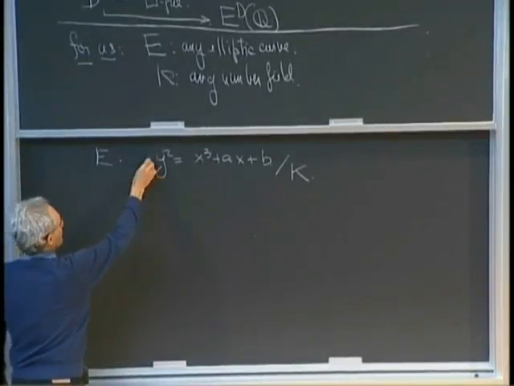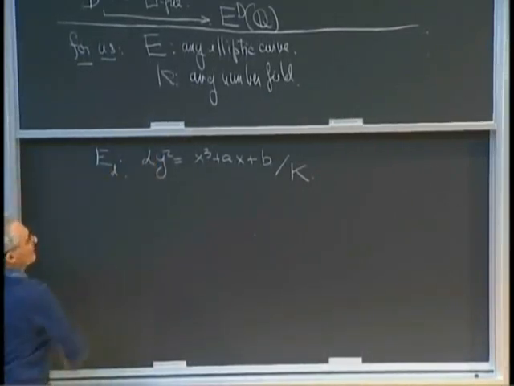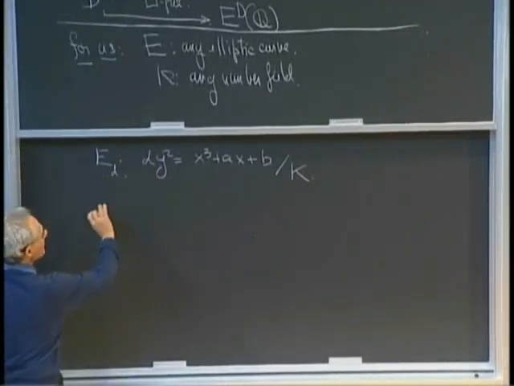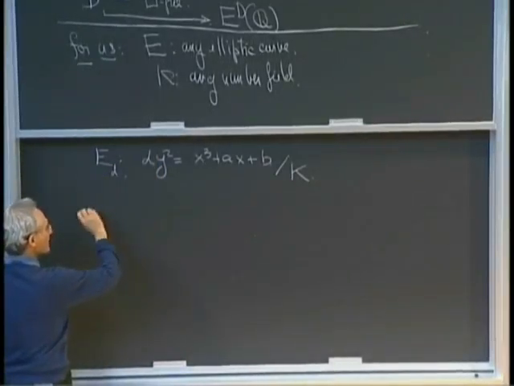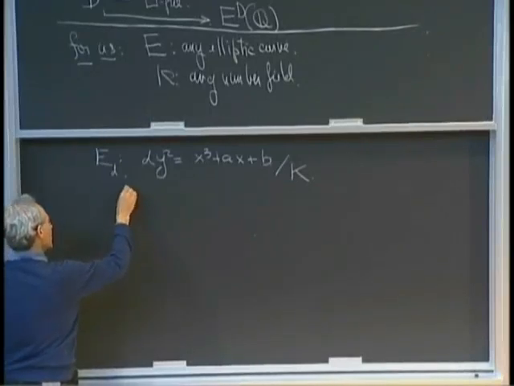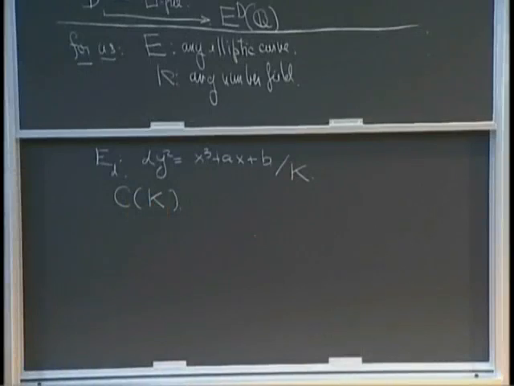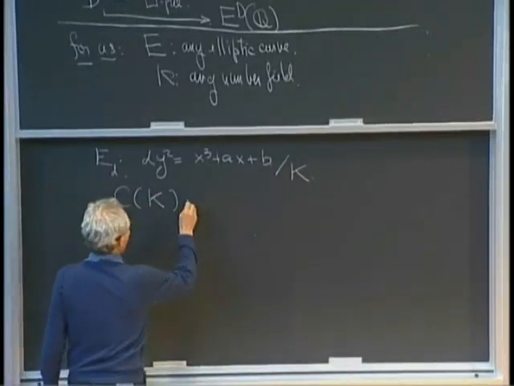And so I might write it this way for D in K, but the best way to really consider these twists is in terms of quadratic characters. So let me introduce the group of all quadratic characters.